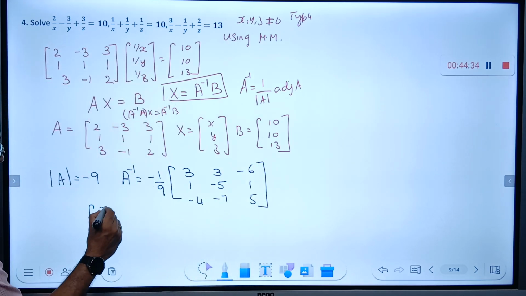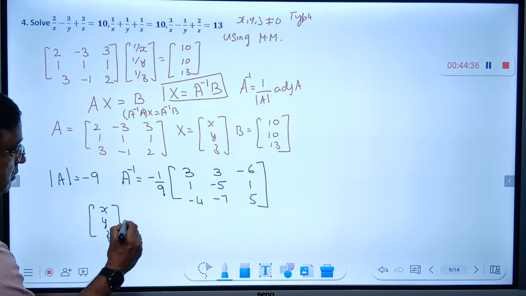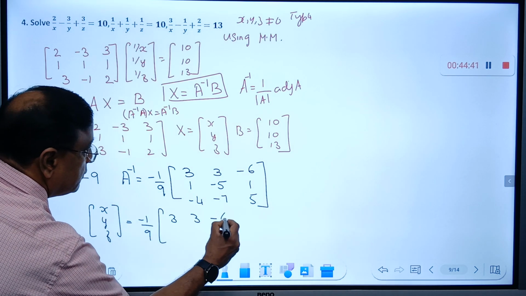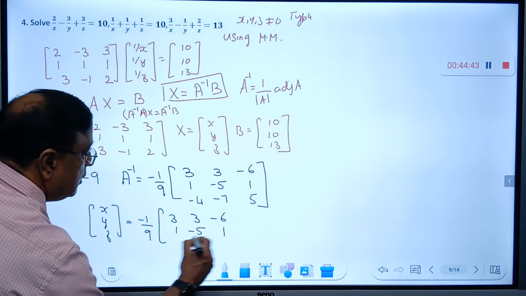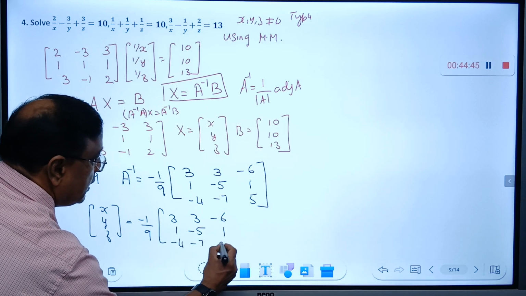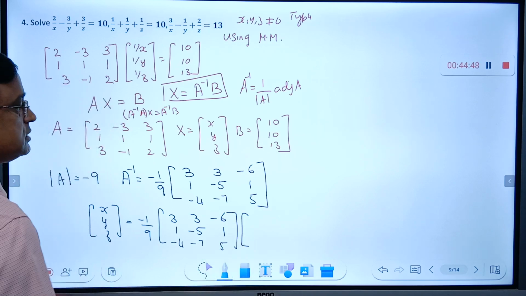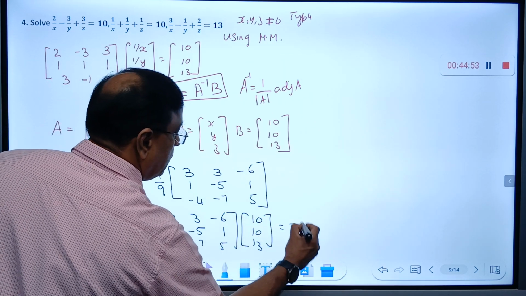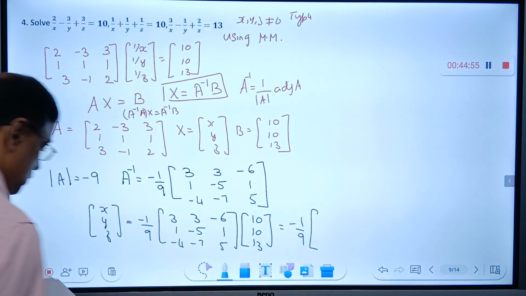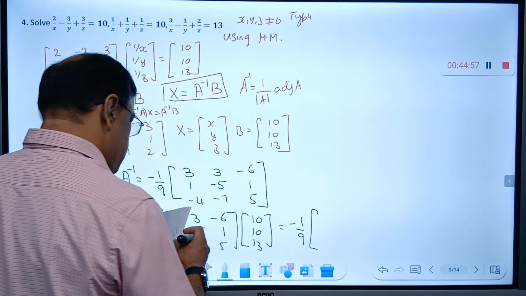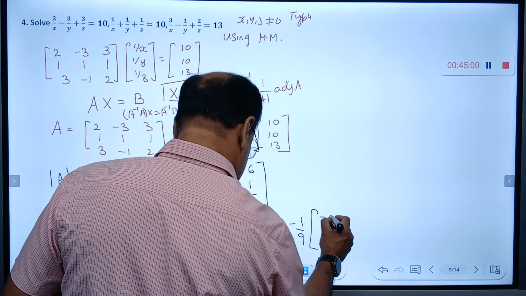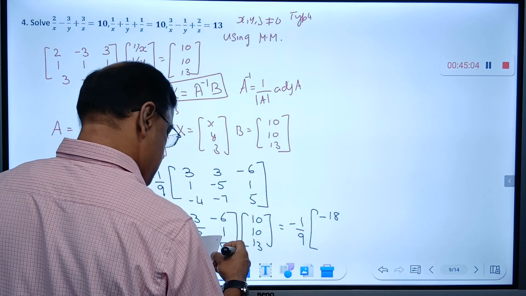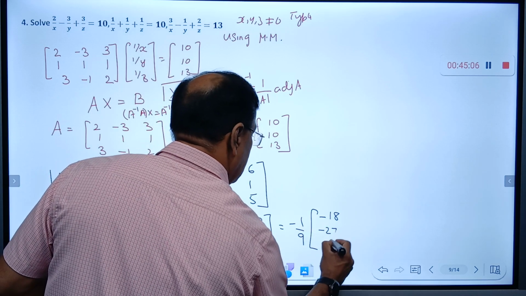So you get X, Y, Z equal to A inverse, 1 by 9 into 3, minus 6, 1, minus 5, 1, minus 4, minus 7, 5, into, what is the constant? 10, 10 and 13. So if you multiply, what happens? When you multiply this, you will get, I think, -18 and minus 27 and minus 45.